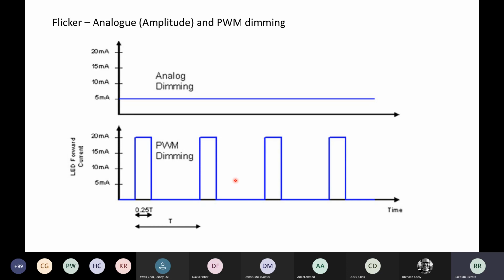The reason for PWM dimming was it was the best method of dimming LEDs due to LEDs shifting color slightly when you dim them.